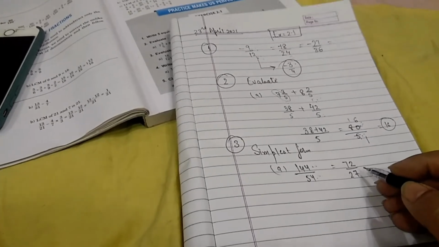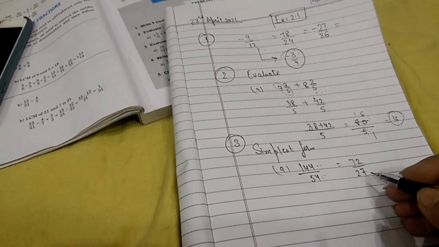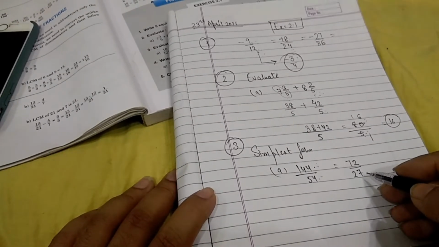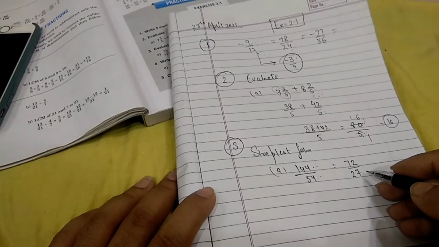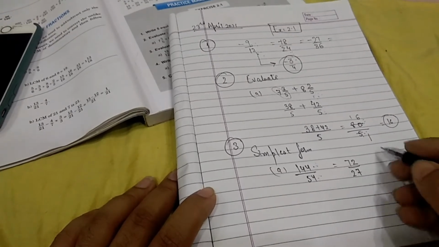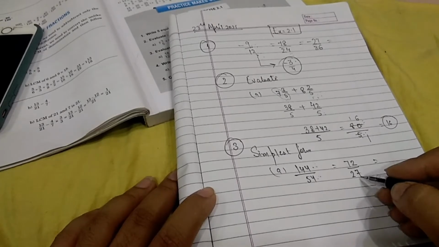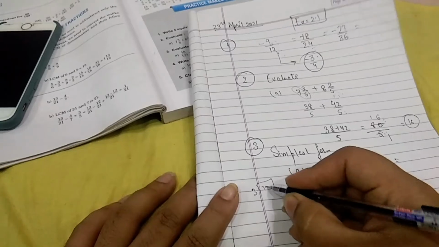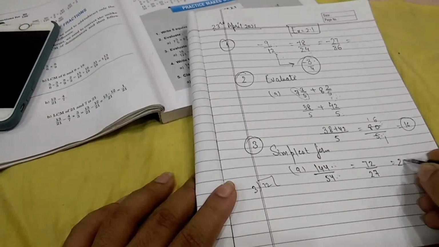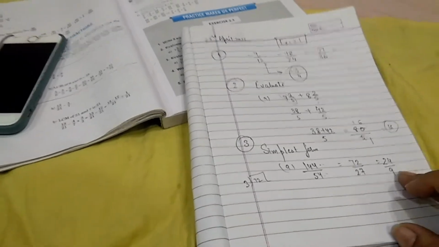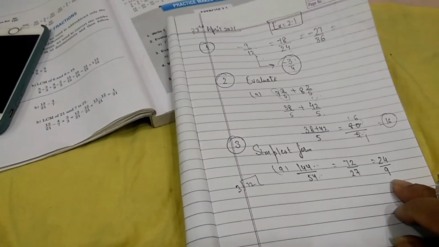No. Now both are not divisible by 2. 72 is divisible but 27 is not. So check with 3 whether they are divisible by 3 or not. Yes, both are divisible by 3. So divide them. You can divide like this also, 3 into 72. So it will become 24 and it will become 9. Now check again whether they are divisible by 3 or not.